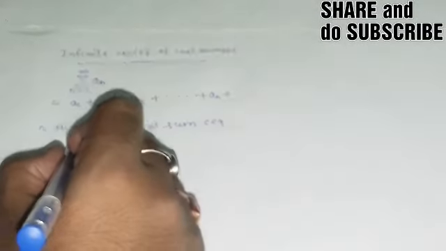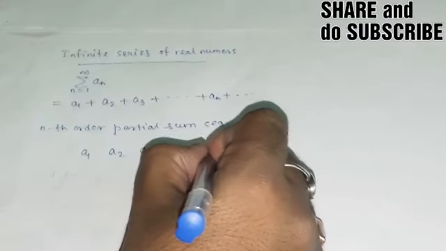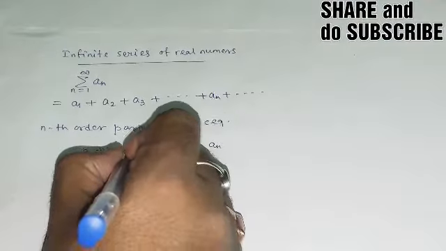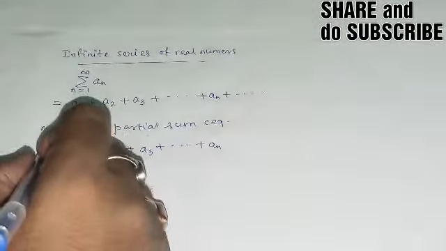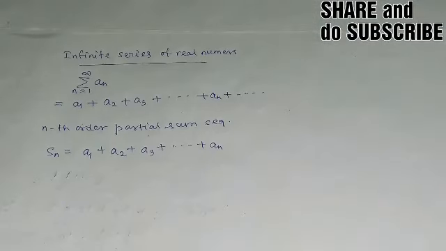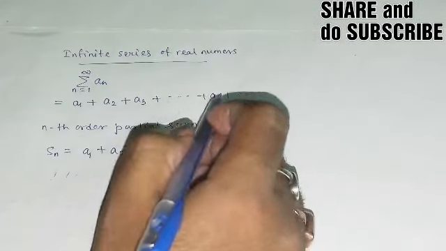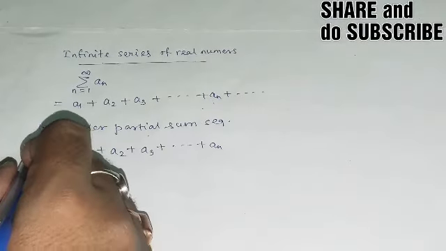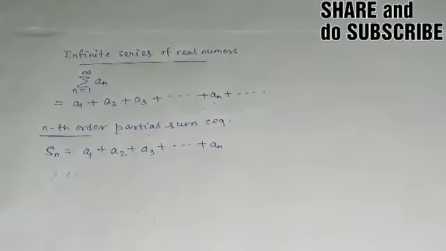It means take the first n terms of our series, sum them, and denote it by Sn. So Sn equals a1 plus a2 plus a3 up to the nth term, and this sequence we denote by Sn. This Sn is nothing but our nth order partial sum sequence.